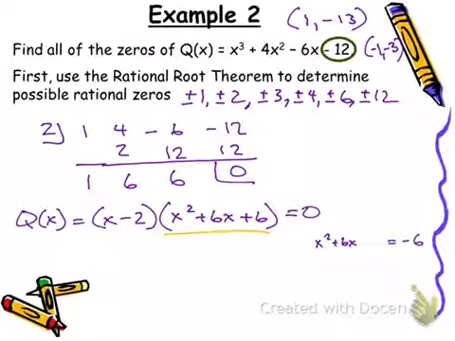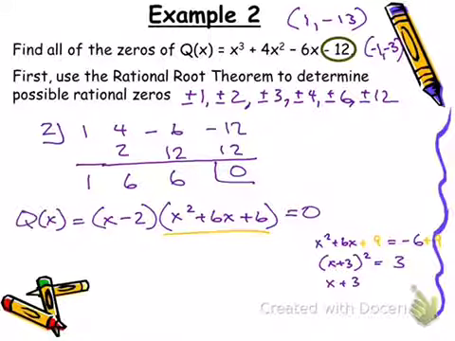I'm going to say x squared plus 6x equals -6, right? What am I going to add to both sides? Half of 6 is 3, and 3 squared is 9, right? So I'm adding 9 to both sides, and that's going to give me (x plus 3) squared equals 3, which means x plus 3 is plus or minus the square root of 3.